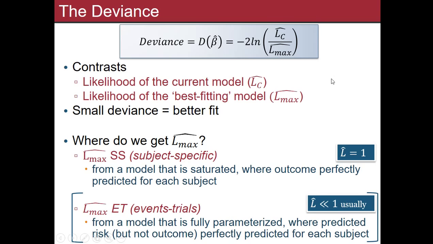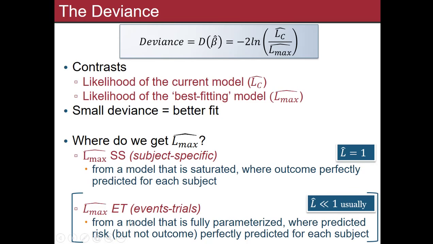And this is the difference between the first two deviance tests that I talked about some slides ago. There are two choices for the likelihood that you might plug into the denominator. One is called the subject-specific deviance, or the subject-specific likelihood.